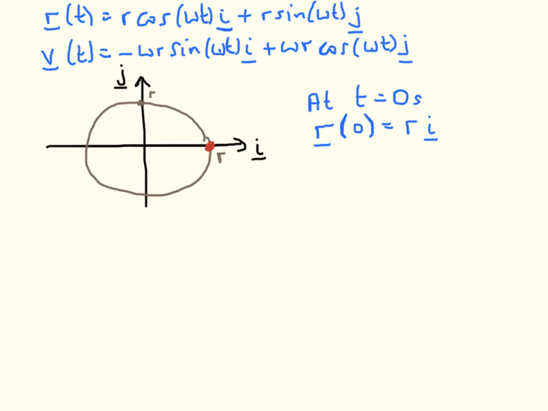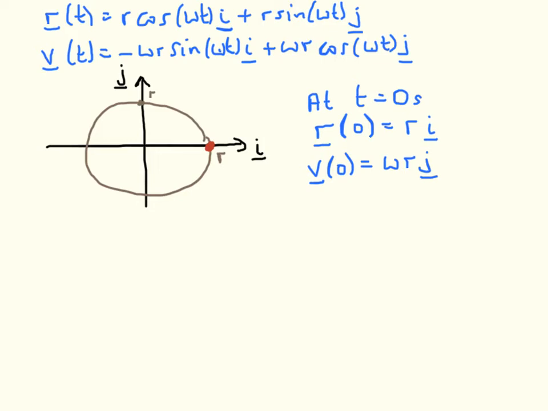And the velocity v of 0 is given by, look at this equation here, when t is 0 this vanishes, sine of 0 is 0, cosine of 0 is 1, so we have omega r j. So it's omega r j. So omega and r are both positive. r is the radius of the circle, it's clearly positive.